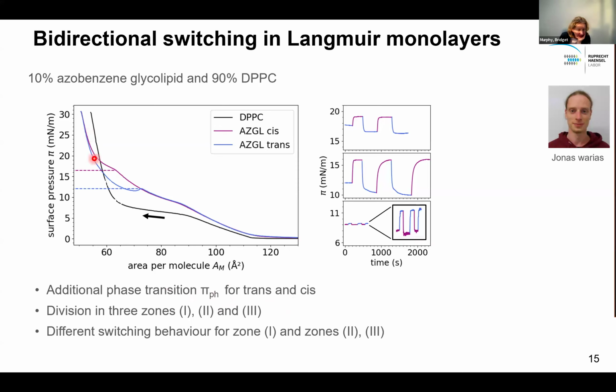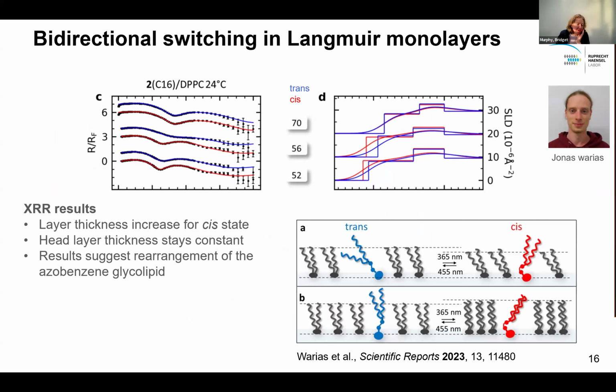Basically, we can divide our sample into three zones, three phases, with regard to how the switching behaves, and we see different switching behavior in these three zones. If we look at the corresponding X-ray reflectivity and scattering length densities, at higher molecular area, at 70, you see there's not much change.